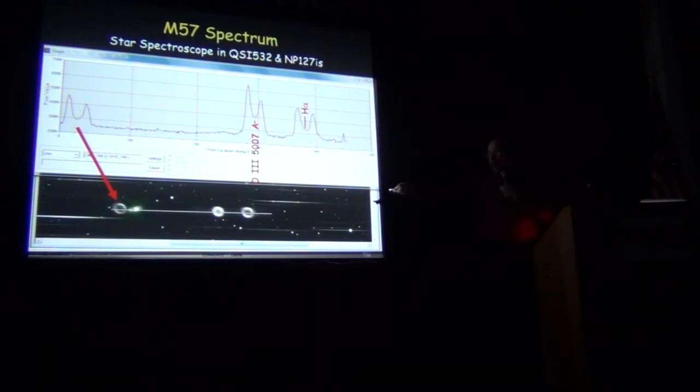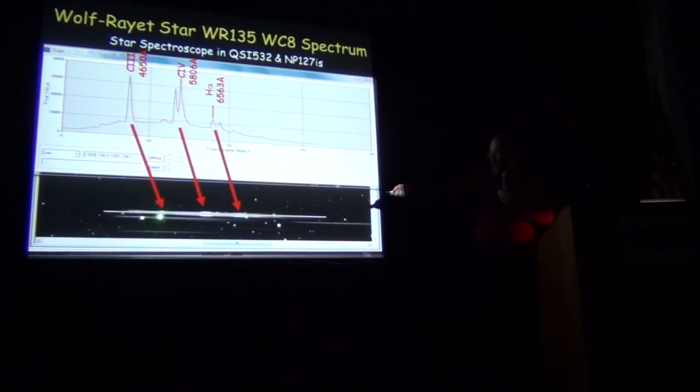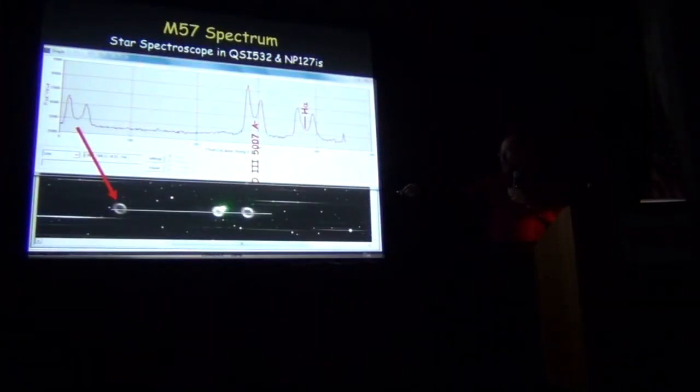Here we have the Ring Nebula. This is the zero order sitting here. The spectrum is smeared out, but notice it's very different. There's a cursor here, but underneath the cursor we see a little bit of differences in the light. Here we see a duplicate copy and a duplicate copy.